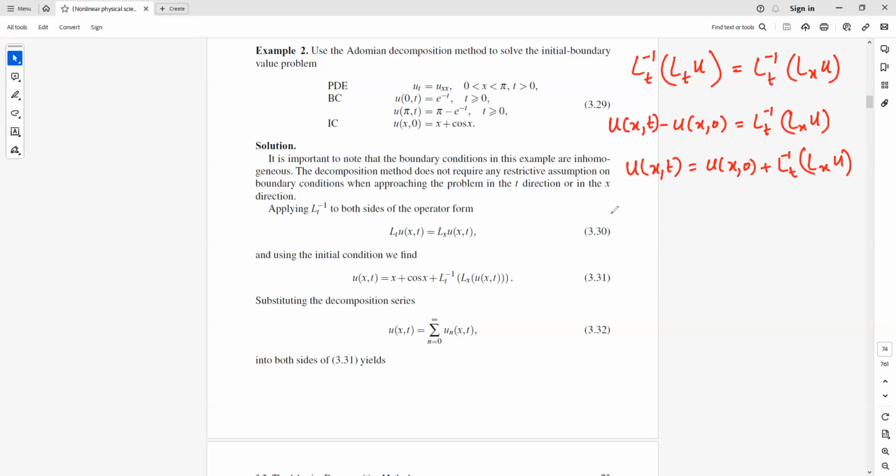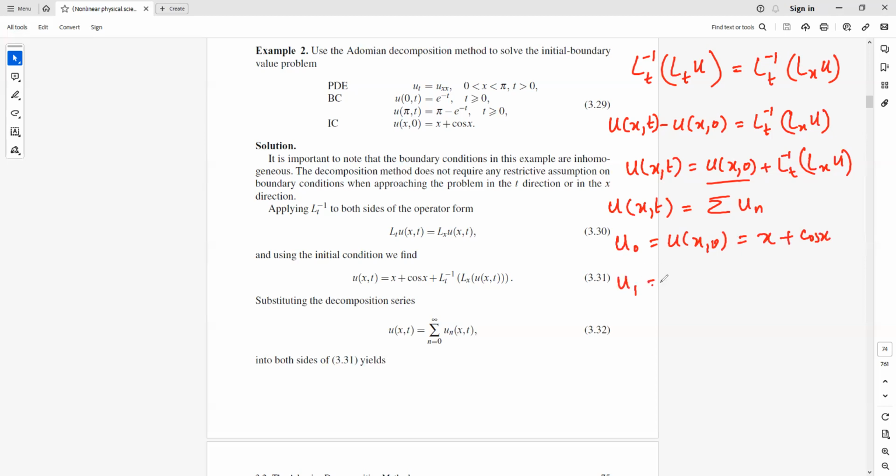Now since we are going to solve the problem by using the series expansion, first of all we need the u0 term, that is this term u of x,0. So this is equal to x plus cosine x.